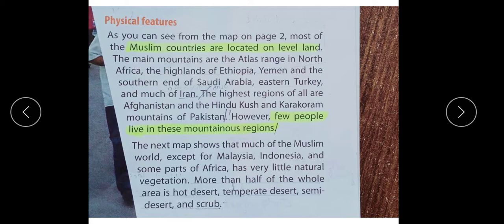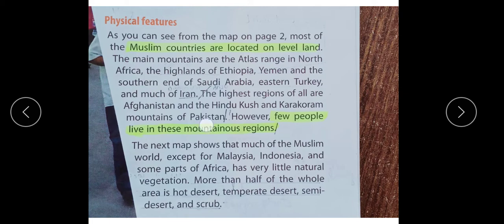But these are not the highest mountainous areas which they are telling us about.